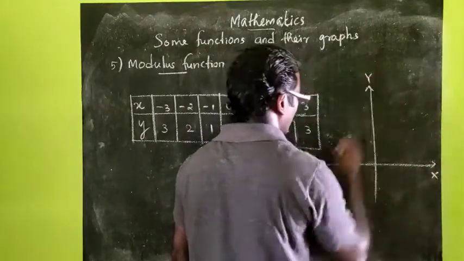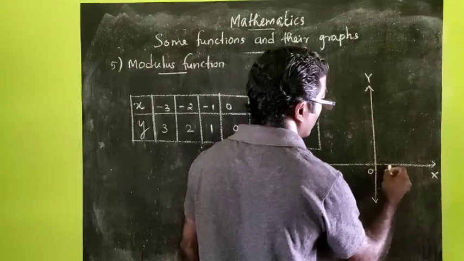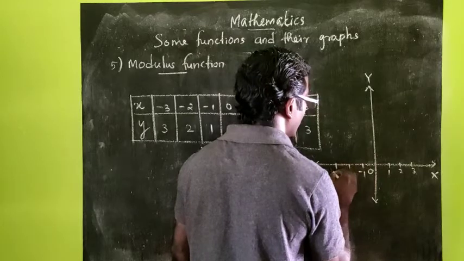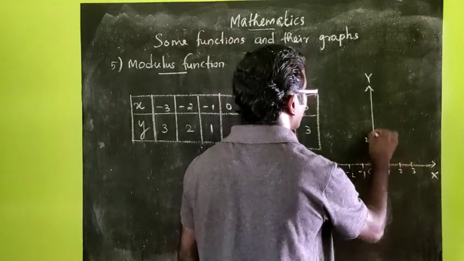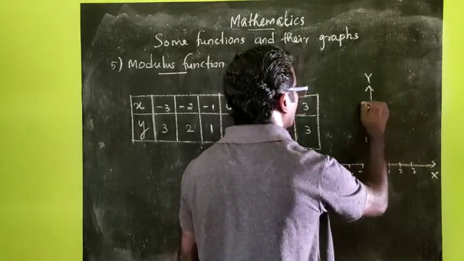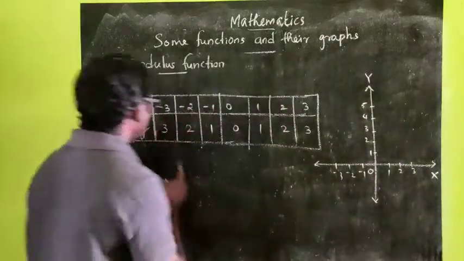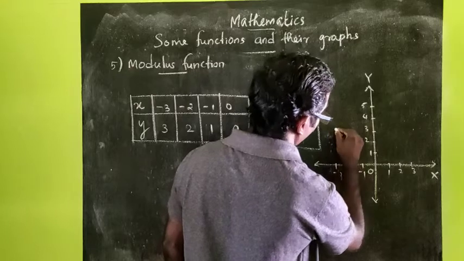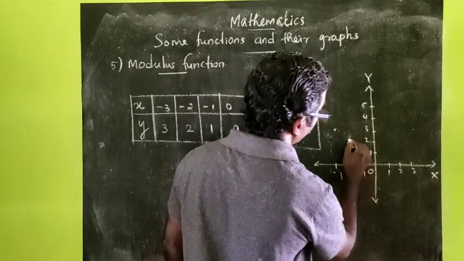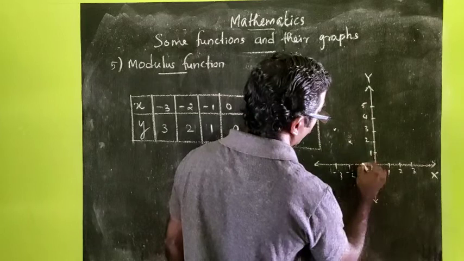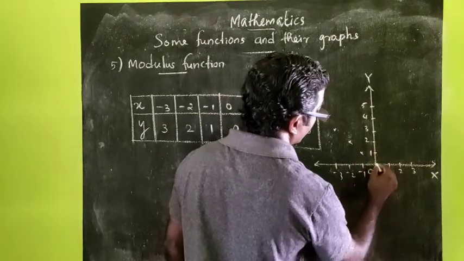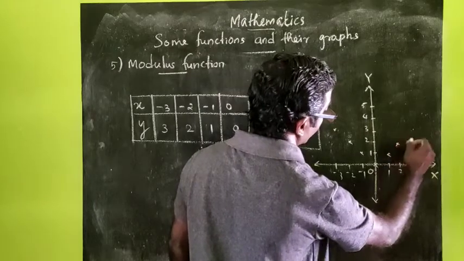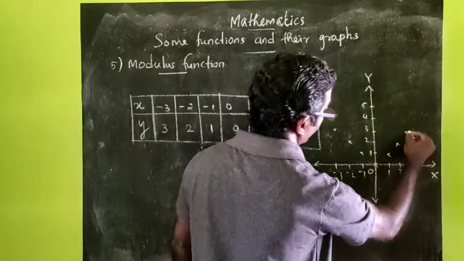x-axis, y-axis, 0, 1, 2, 3, 4, etc. Minus 1, minus 2, minus 3, etc. Here 1, 2, 3, 4, 5, etc. Okay. Image of minus 3 is 3. So minus 3, here 3, minus 2, 2, minus 1, 1, 0, 0, 1, 1, 2, 2, 3, and so on.